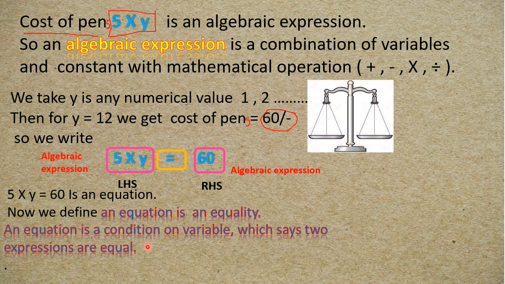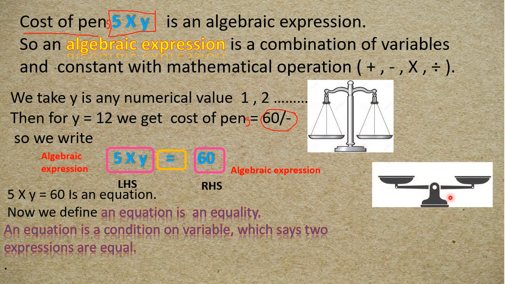So here is an example shown. This is the image. What? Yes, it is a balance. As we have seen around us, this is a balance. Now what will happen if both plates of this balance are at the same level?